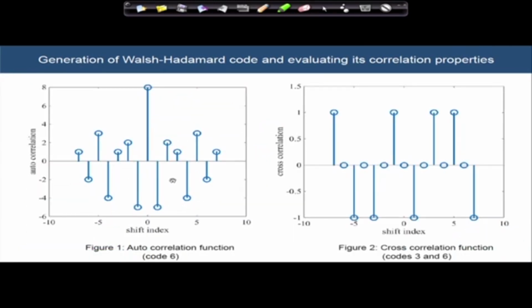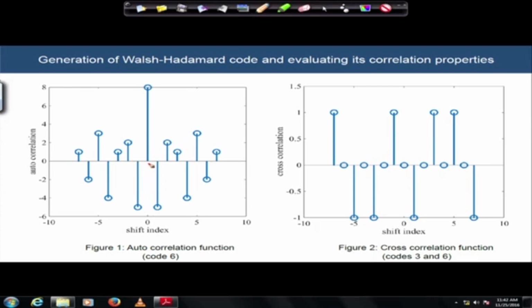So let us see what the plot yields. For code number 6, which we had chosen, the autocorrelation function looks something like this. As we can see, this is shift index 0. For shift index 0 we have a value of 8, which is equal to the length of the code.